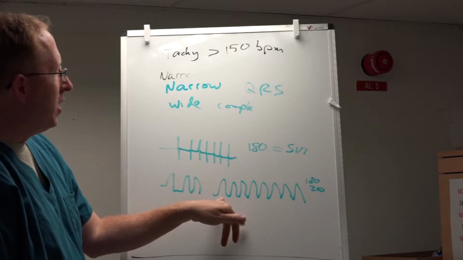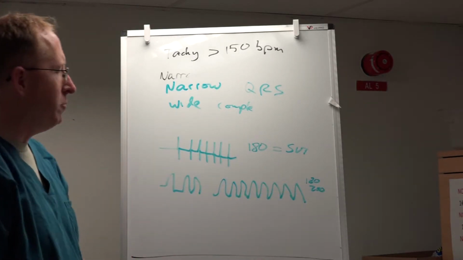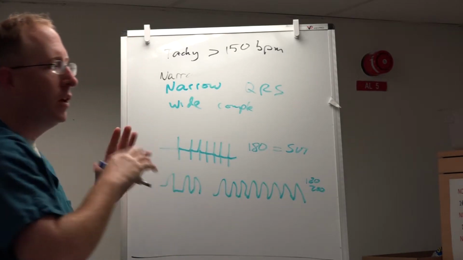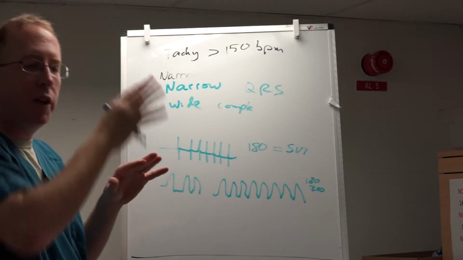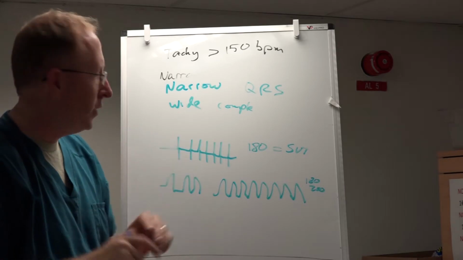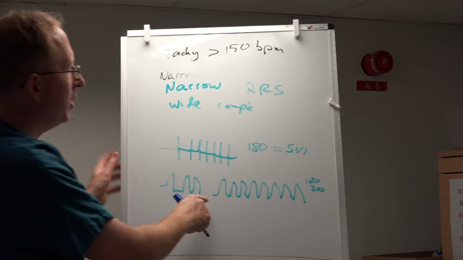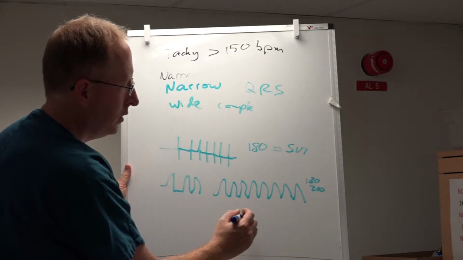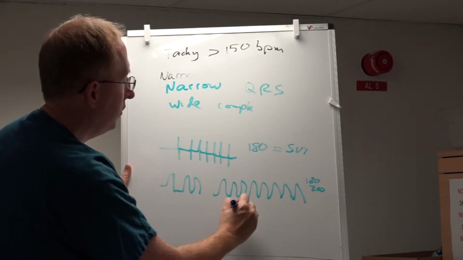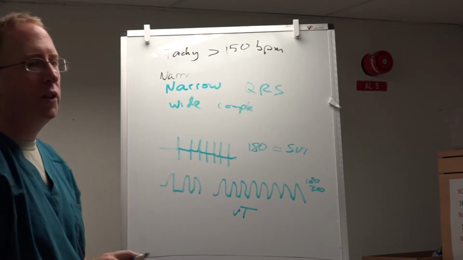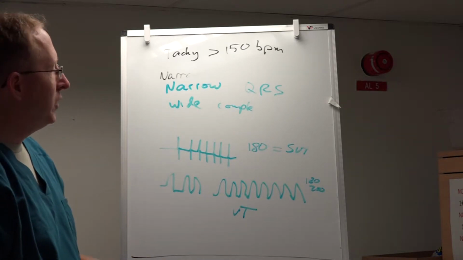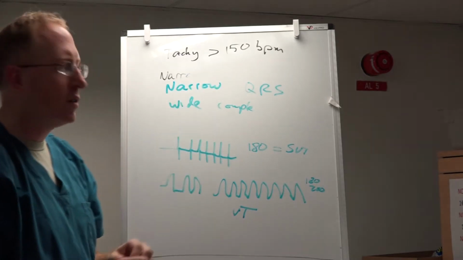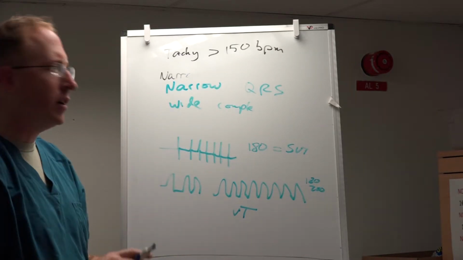If it's a wide complex tachyarrhythmia at a rate of say 200, and it's consistent, they all look about the same, it's called monomorphic. Can anybody tell me what condition that represents? VT, ventricular tachycardia.